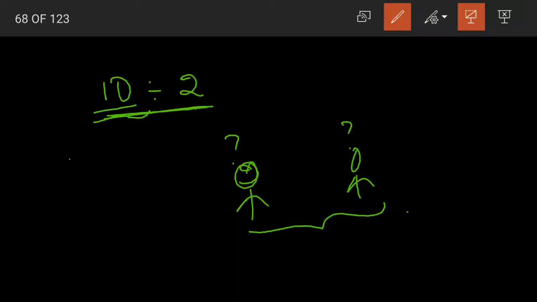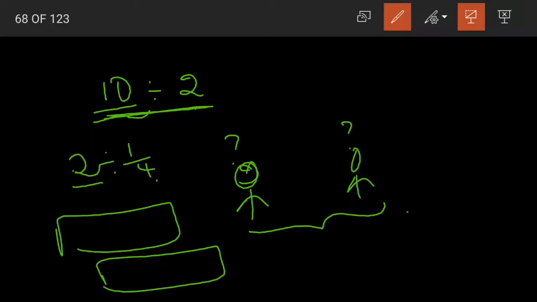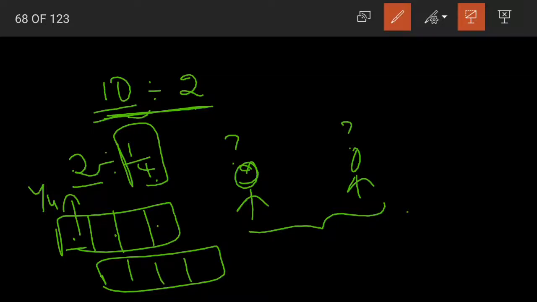In the same way 2 divided by 1 by 4 means when these two wholes are divided into 1 by 4 parts. What does 1 by 4 parts mean? Each part is called 1 by 4. So when it is divided into 1 by 4 parts, how many 1 by 4 equal parts will we get? That we'll find out by this division.